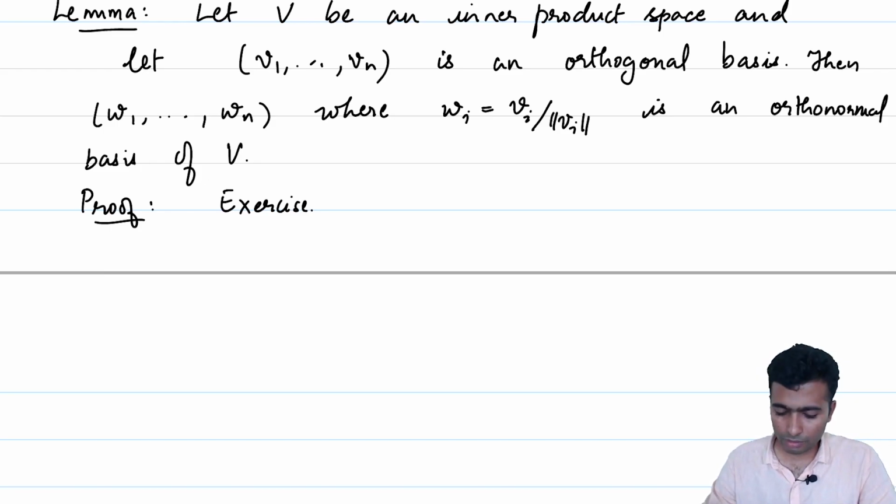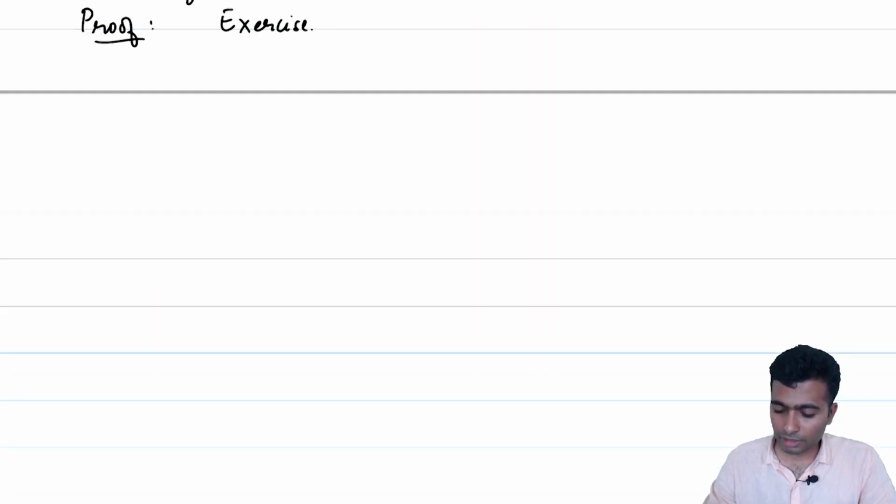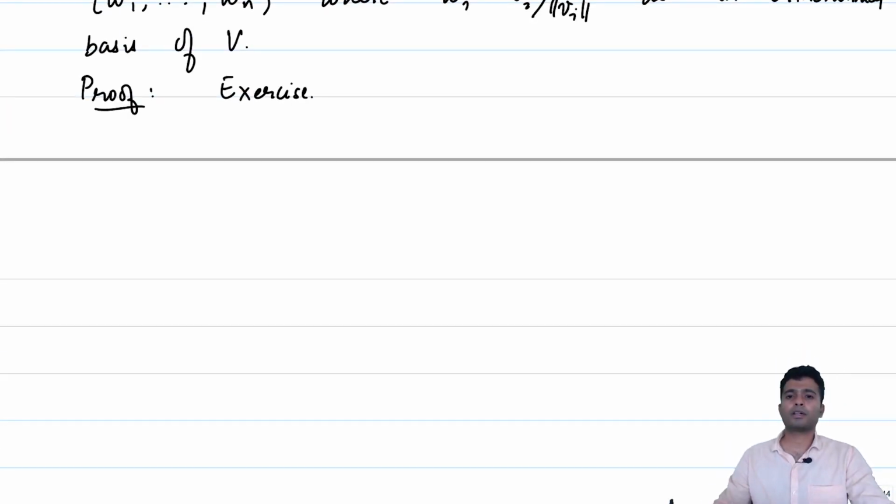Alright, so by whatever we have discussed, we can finally say the following. If we develop a method by which from any basis we can obtain an orthogonal basis, we just normalize the vectors and we get hold of an orthonormal basis. So, our goal has now been reduced to the following.